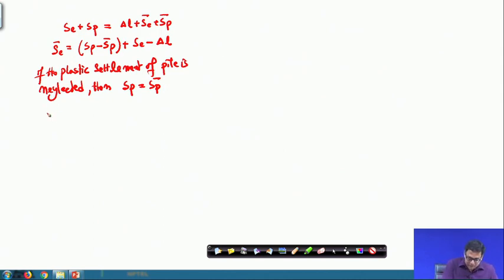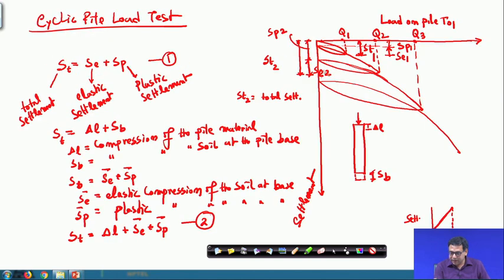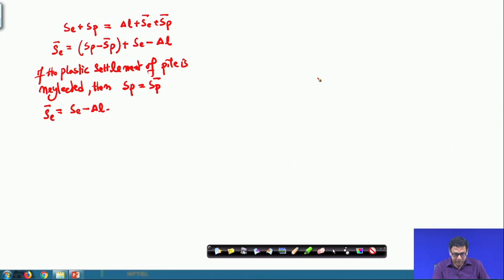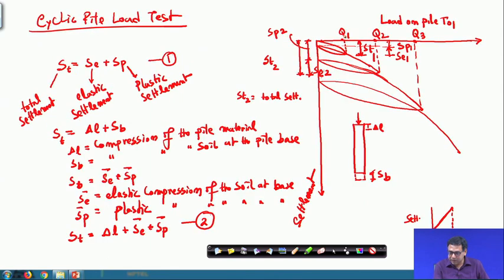So, I can write this equation SE bar, because this will be 0, equal to SE minus del L. Okay. So, SE I will get from the load settlement curve corresponding to different loads. This is the SE value for first load increment Q1, this is the SE value that I will get.